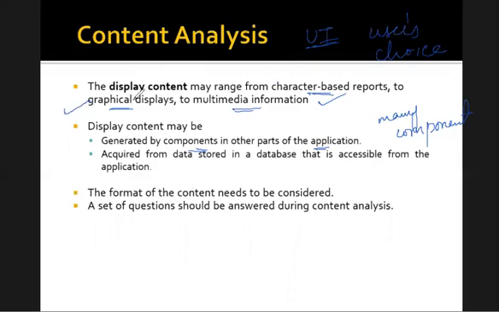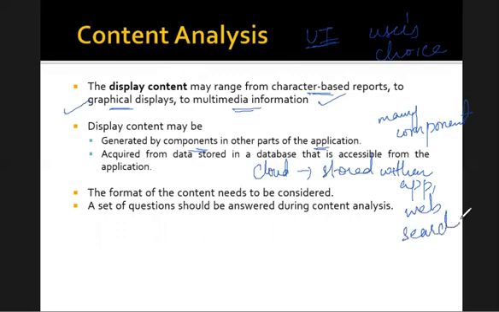That is this display content. If suppose you're fetching some graphical images, this can also be fetched from a database that is accessible by the application. This can be either on a cloud, or it can be stored within the application, or you can also have images that we want to include that are gathered from web search.